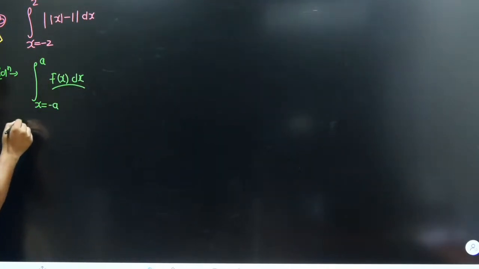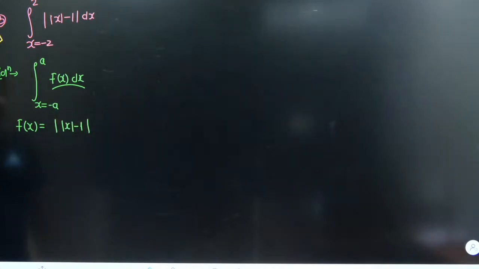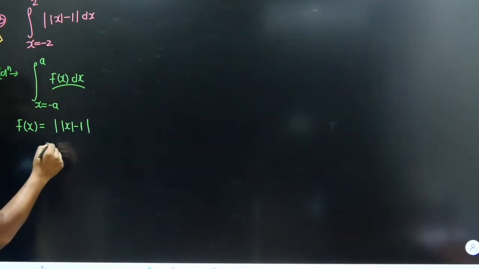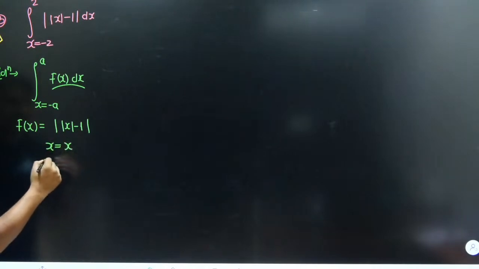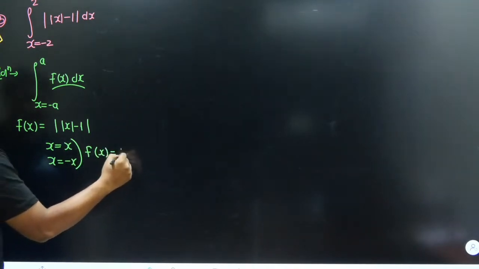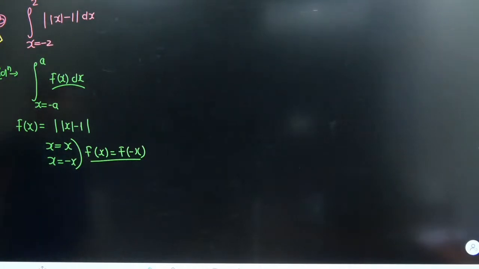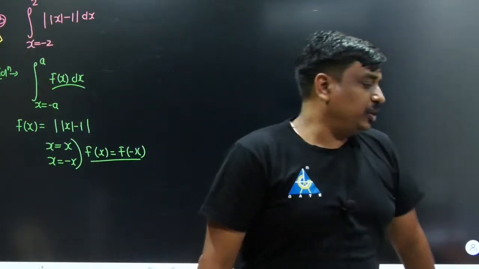Let me bring the function out, which is f of x equals mod of x minus 1. If you feed x as x as well as x as minus x, in both cases the worth of the function is not going to change.